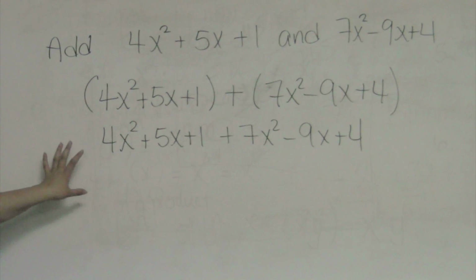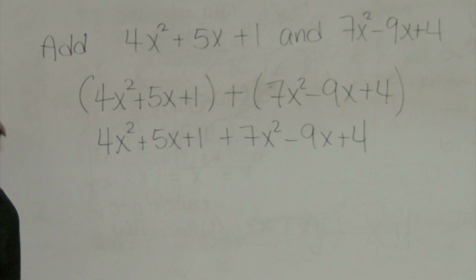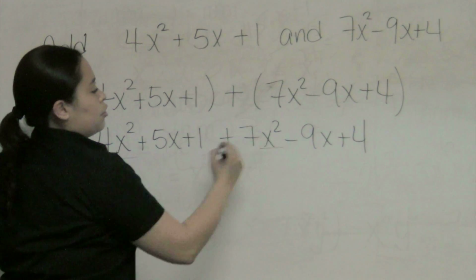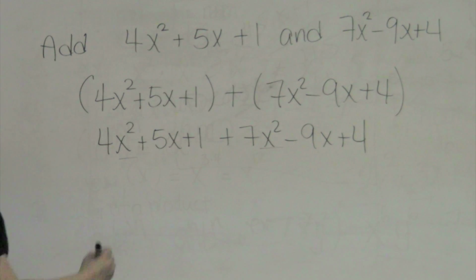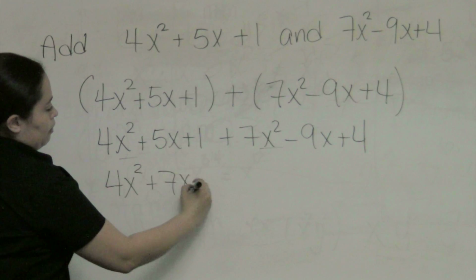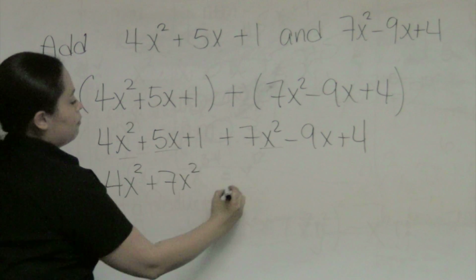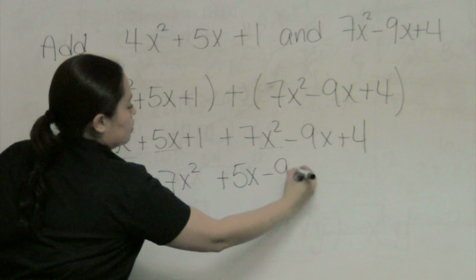Now, how are we going to add all of these numbers? Well, you need to make sure that you combine like terms, meaning they have the same variable. So we have 4x squared plus 7x squared. Then we have 5x minus 9x.